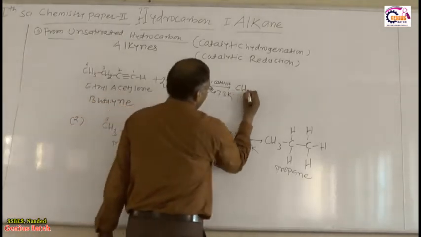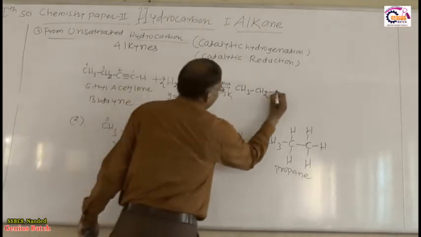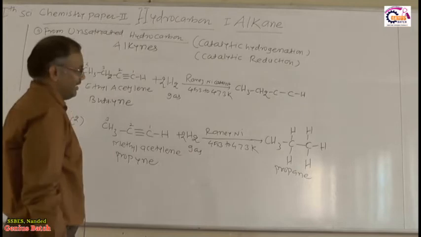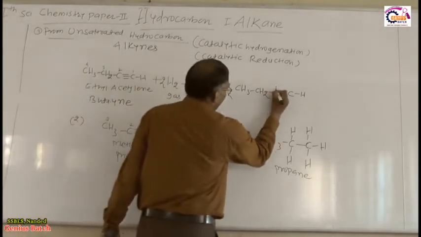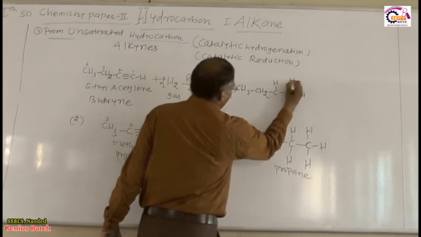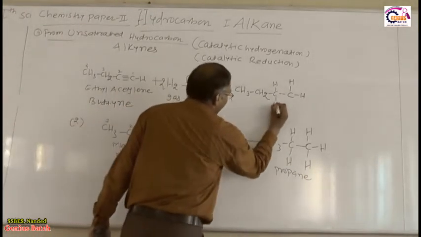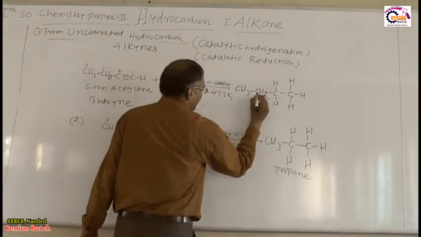So CH3, CH2 are as they are, then this carbon single bond carbon as it is, and hydrogen is there. We have removed the 2 bonds, so add 1 hydrogen molecule to this carbon atom, then add another hydrogen molecule. So therefore 1, 2, 3, 4.